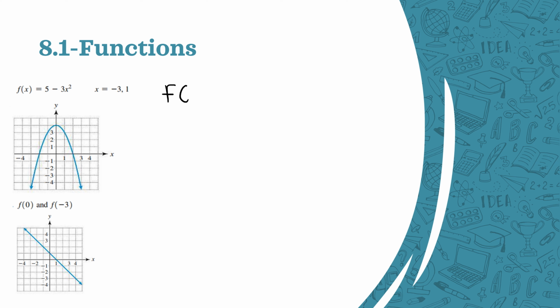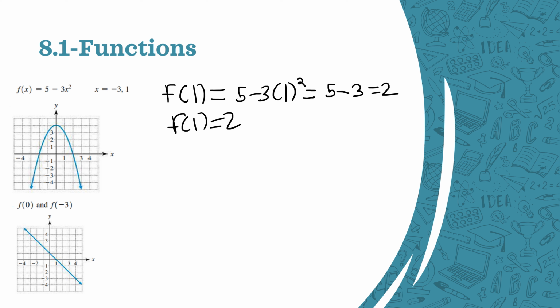So f of 1 equals 5 minus 3 times 1 all squared. Well, 1 squared is 1, times -3 is just -3, 5 minus 3 equals 2. So that means when x is 1, y is 2, so f of 1 equals 2.